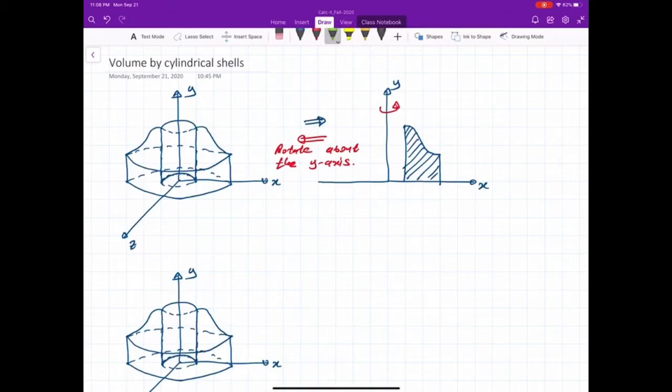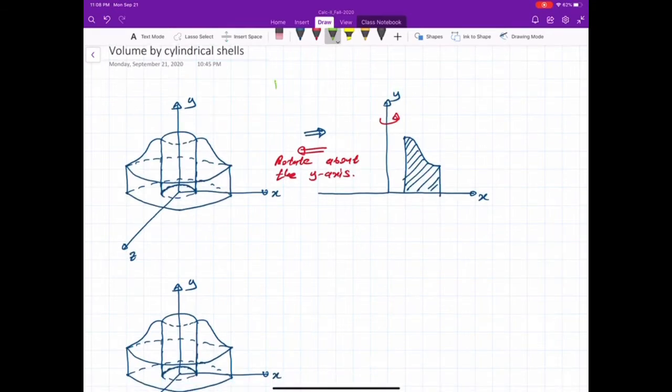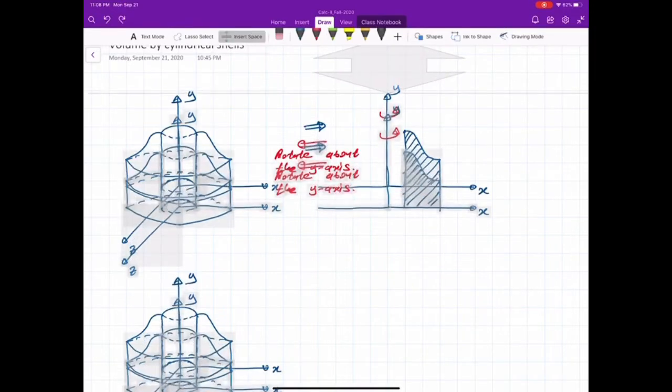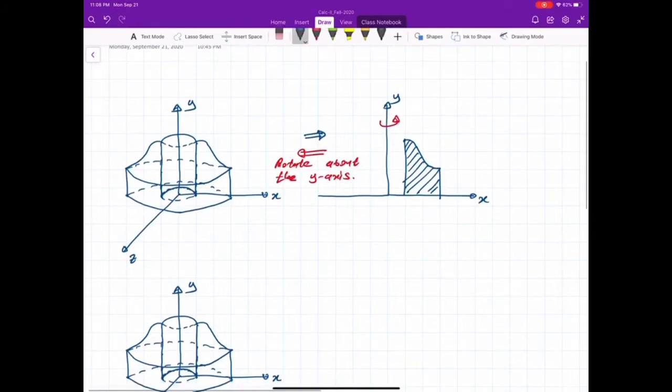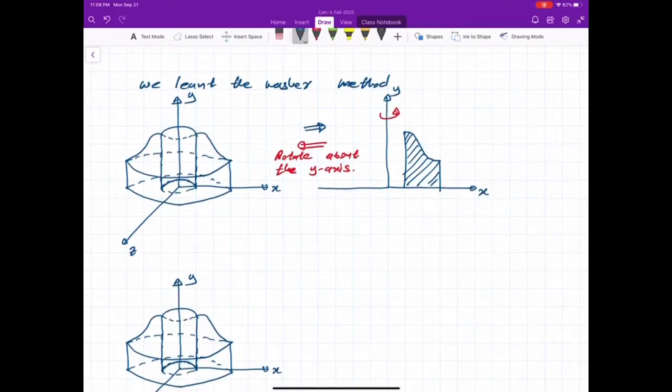Let me take some space. We learned the washer method, as I explained here, because it makes washers.